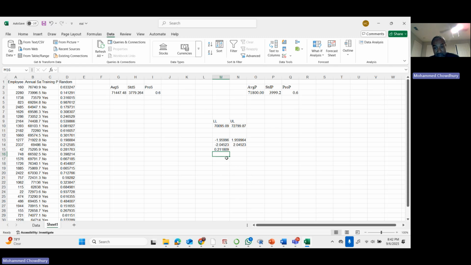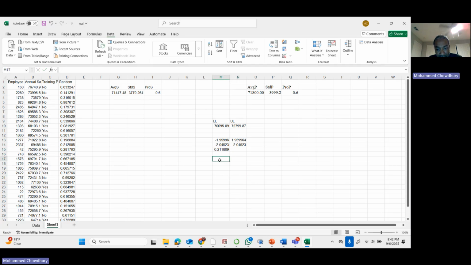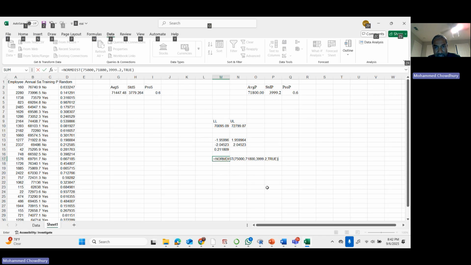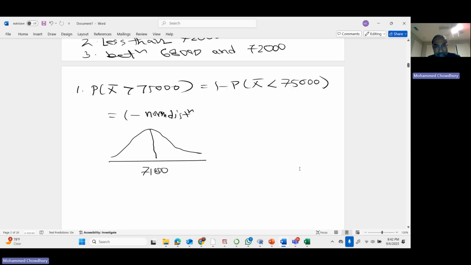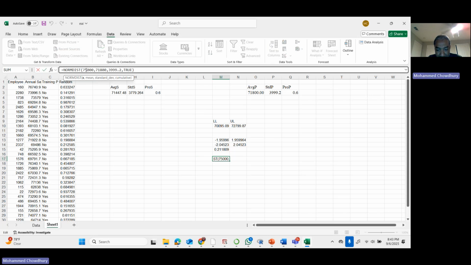Now the result is 0.211. Similarly, if I am asked to find the less than one, let me copy it from there, I can do it just by changing it to less than 72,000.